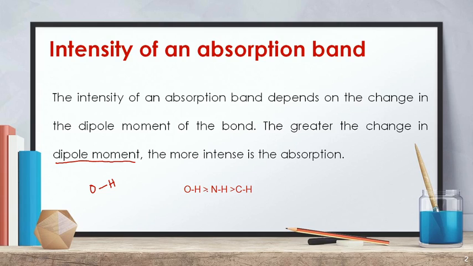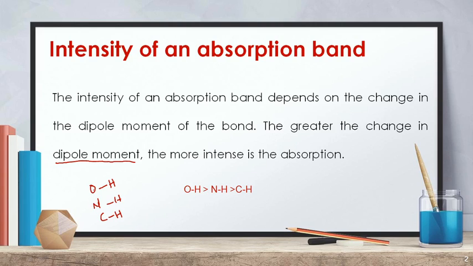Here I am taking an example: OH, NH and CH. Hydrogen is constant, one of the atoms is constant and you are changing the other atom. Here it is oxygen, here nitrogen, here carbon. From oxygen to carbon, the electronegativity decreases.